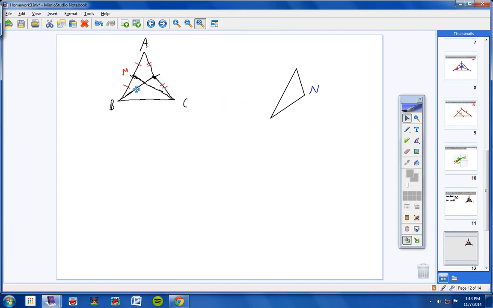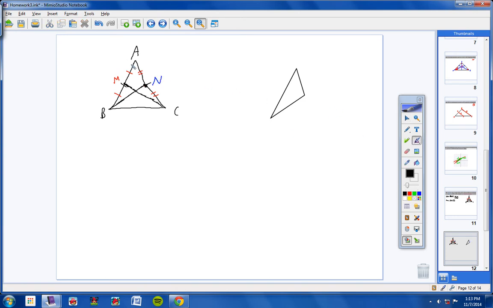And it's not what I wanted to do, but that'll work. Now, I want to copy this triangle here. We'll try to pull it over here. There it is, okay?